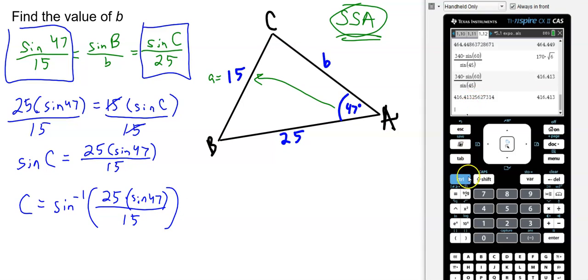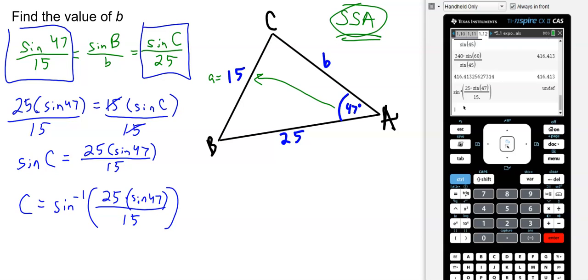On the calculator, hit the trig key, inverse sine is right there. Then divide, 25 times sine of 47 all over 15. I'll put a decimal point because I want a decimal answer, and big reveal, did I type it right? I think I did. Oh no.